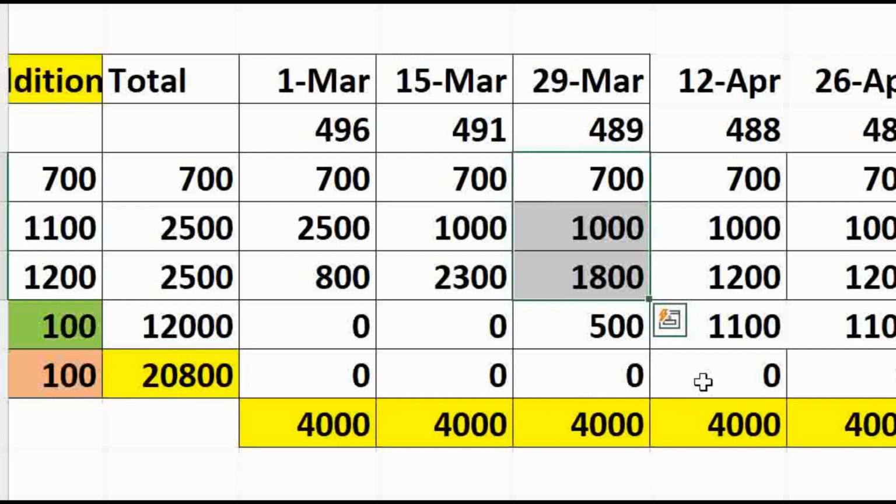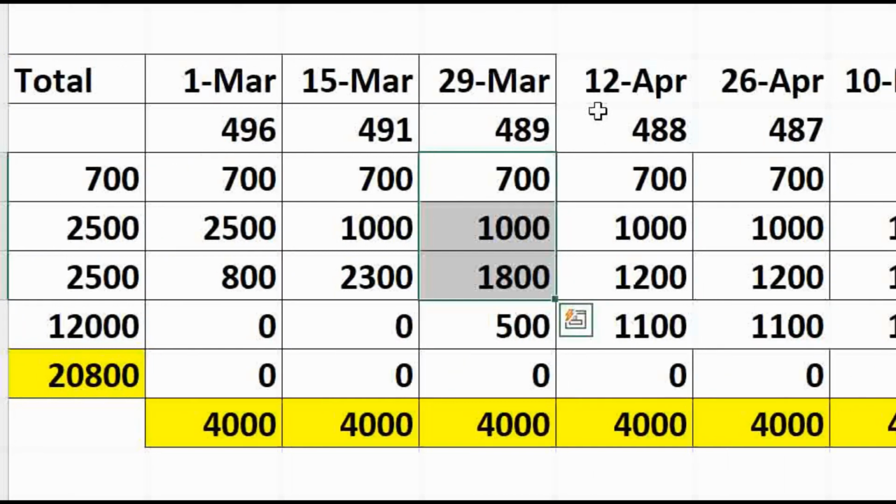Now in the next draw, that is on April 12, same additions are there, and if these three slabs are added together, they make 2900, then we need 1100 to be picked up from this slab. In this slab we are having 12,000 candidates.